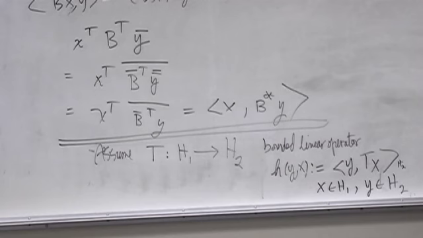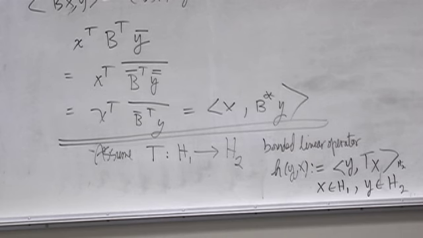It's going to allow me to write h of y and x as some operator t star of y into x, where t star is some mapping from H2 back to H1.